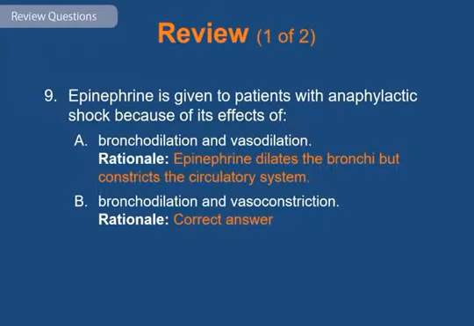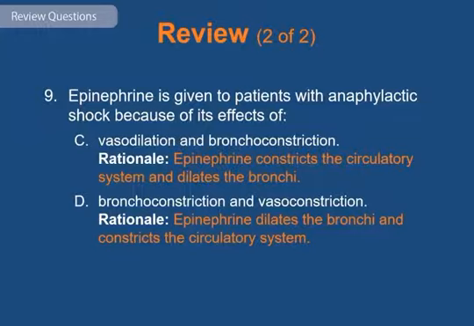So our incorrect answers: A, I'll reread the question. Epinephrine is given to patients with anaphylactic shock because of its effects of A, bronchodilation and vasodilation. That's not correct. Epinephrine dilates the bronchi but constricts the circulatory system. B is, of course, the correct answer.